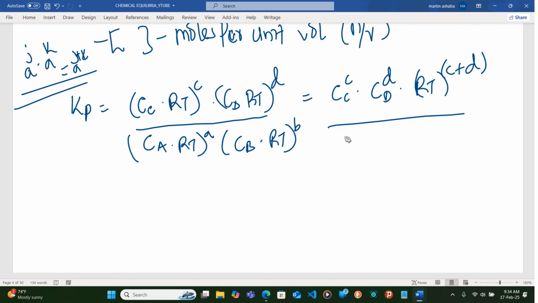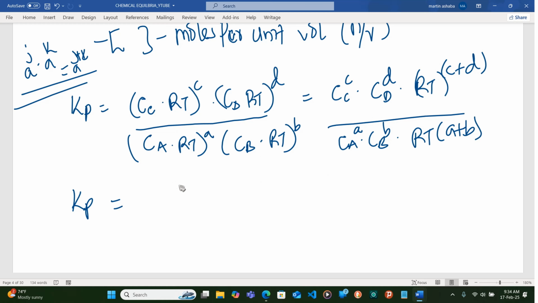Likewise, what is going to be down here will be the concentration of A to the power a times the concentration of B to the power b, then times RT to the power a plus b. Kp will therefore equal what?